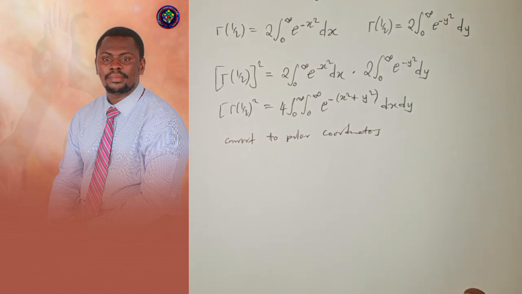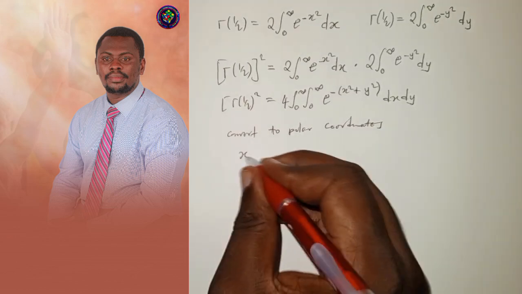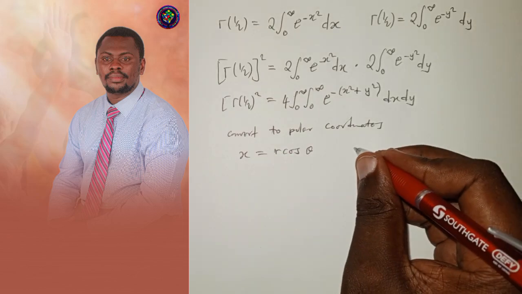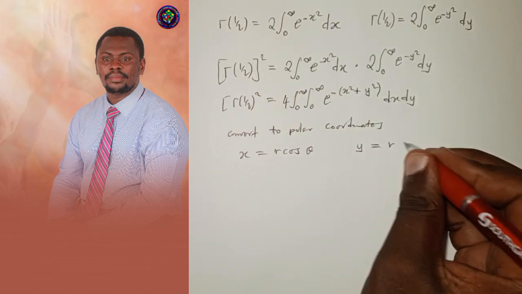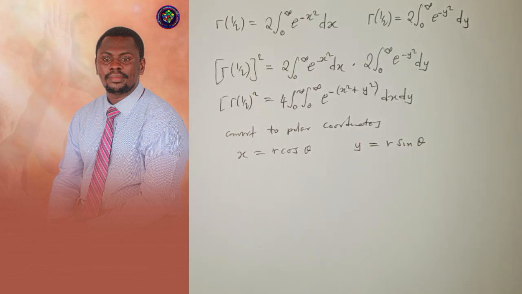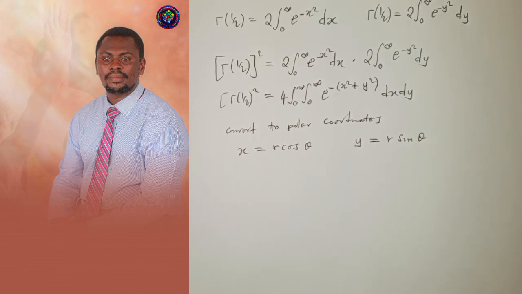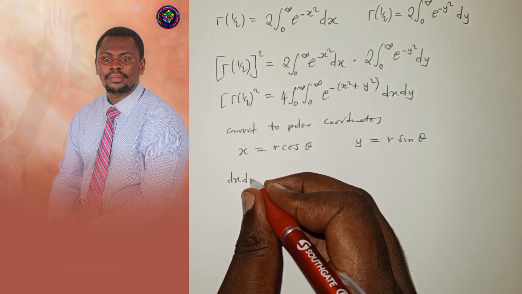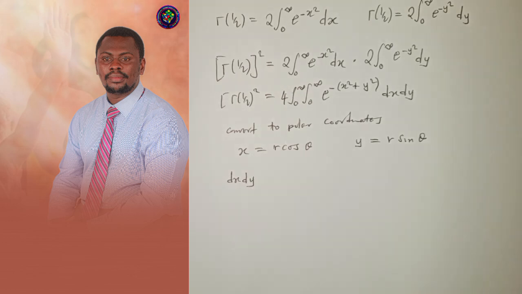In polar coordinates, x is equal to r cos theta, and y is equal to r sin theta. We need to convert dx dy to dr d theta.